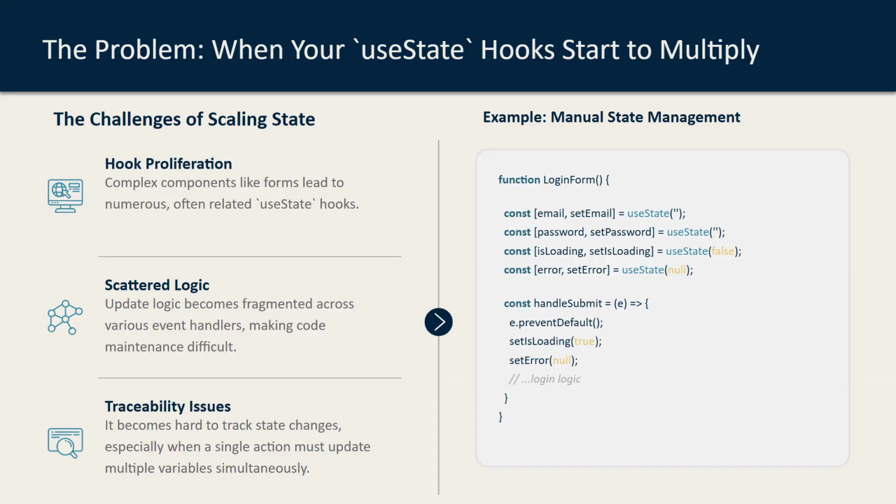This is fine for the login form, but imagine a much more complex form, like when we want to register a user and get multiple fields like their name and address. As forms get bigger, this approach becomes much harder to scale and maintain. And this is exactly the kind of problem the reducer pattern is designed to solve.